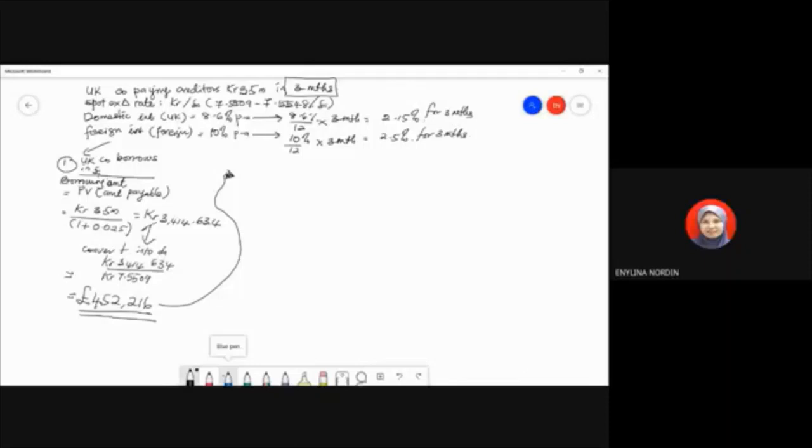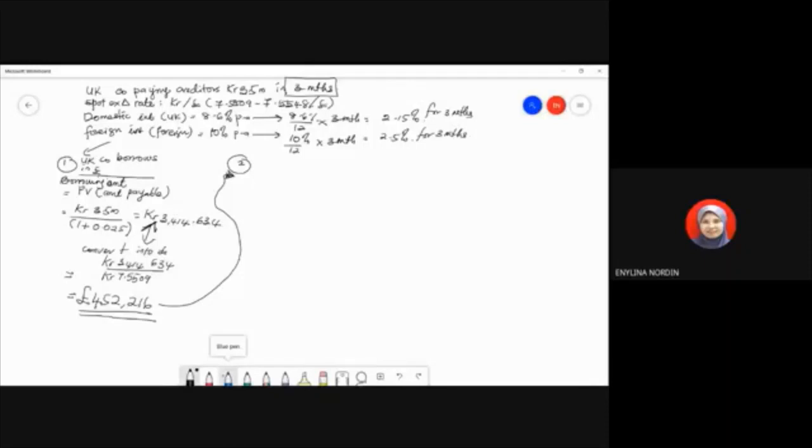So that amount must be placed on deposit, but in foreign currency. So the next step, you borrow in one currency and then you deposit your borrowed cash, which is in pounds, in another currency.